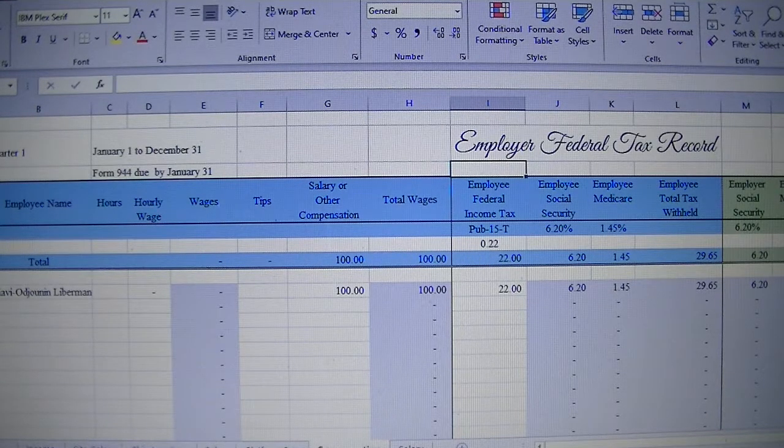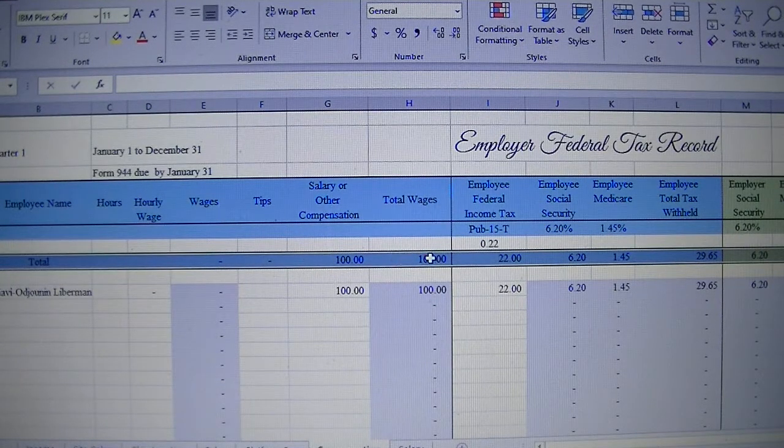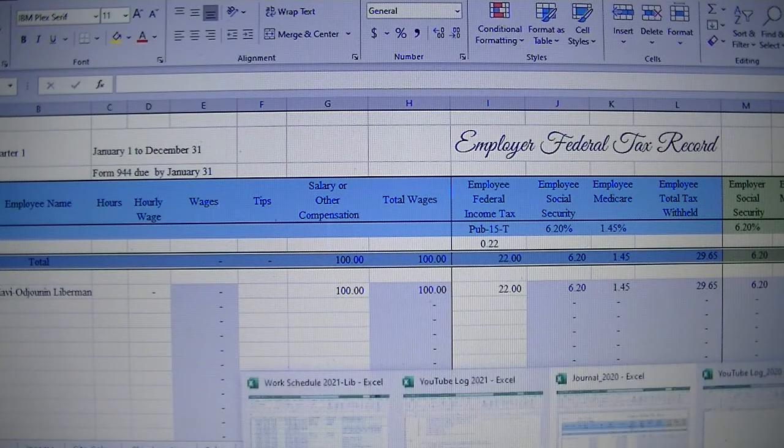And the total line will total all the wages you pay, and the spreadsheet is not locked, so you'll be able to make any adjustment that you want to, to fit your business need.